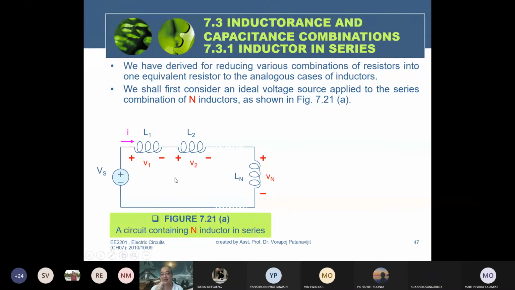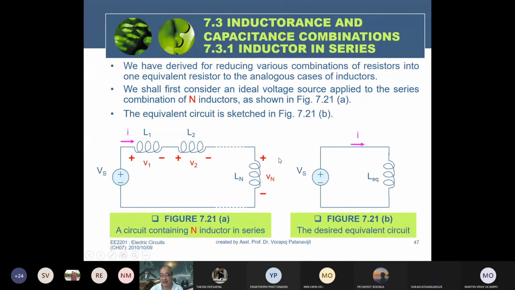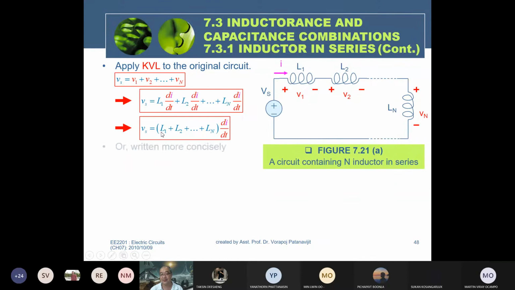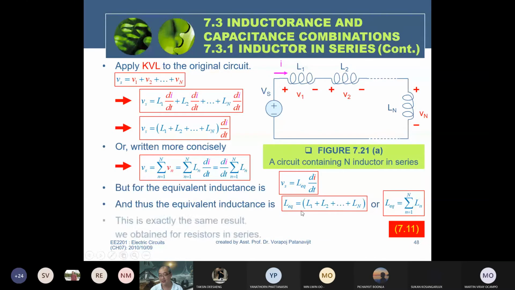Everything is the same as the resistor. If you have inductors connected in series, the equivalent inductance equals the sum of them: L equivalent equals L1 plus L2 plus L3 plus up to Ln.